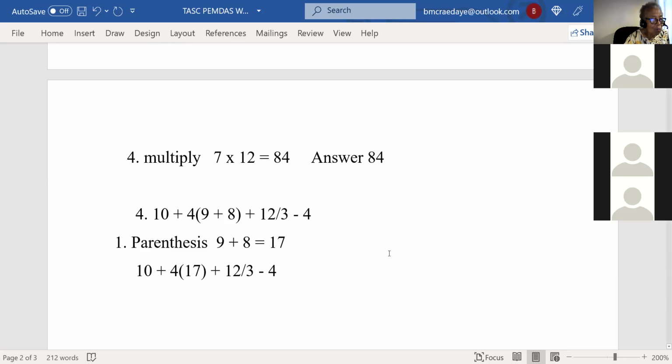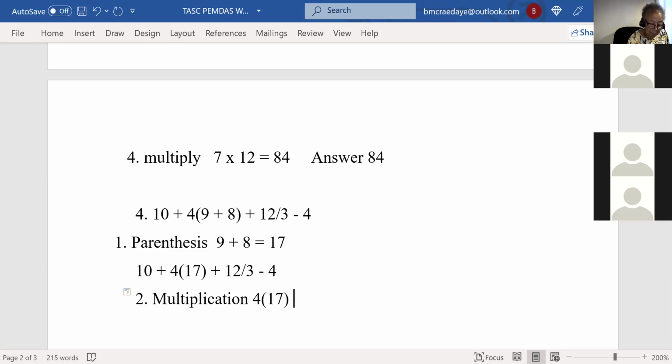You do multiplication. Yeah, I do multiplication. So I multiply what? 4 by 17. That's it. Perfect. Okay. So the next thing you do is multiplication. And that multiplication will be 4 times 17.